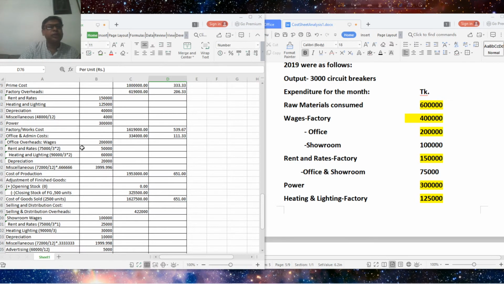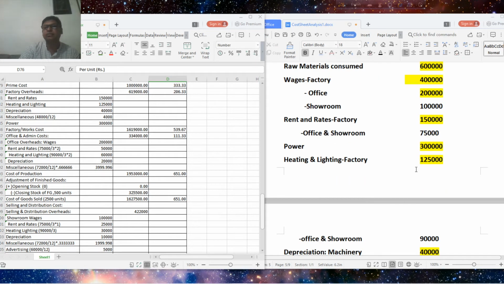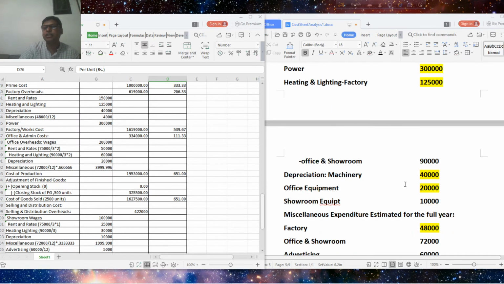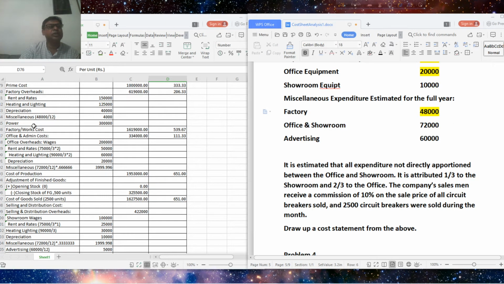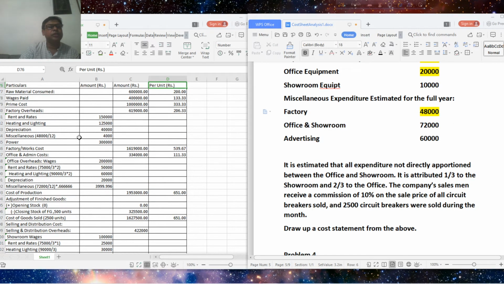Factory rent and rates is given as 1,15,000 taka. Heating and lighting is 1,25,000 taka. Depreciation of machineries is 40,000 taka. It is directly related to the factory machineries. And miscellaneous, it is given that the full year is 48,000 taka, so we have to divide it by 12.